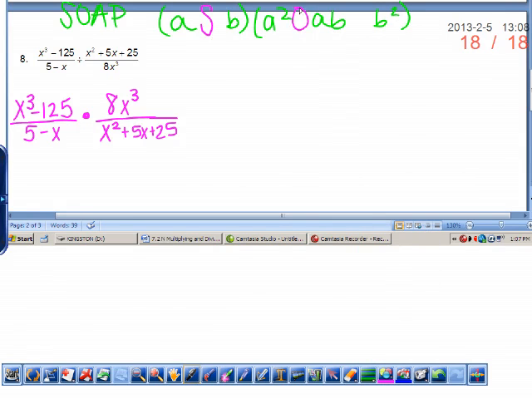Same sign, opposite sign, always positive. Okay? So x cubed minus 125 would give us x minus 5 times x squared plus 5x plus 25 over 5 minus x.